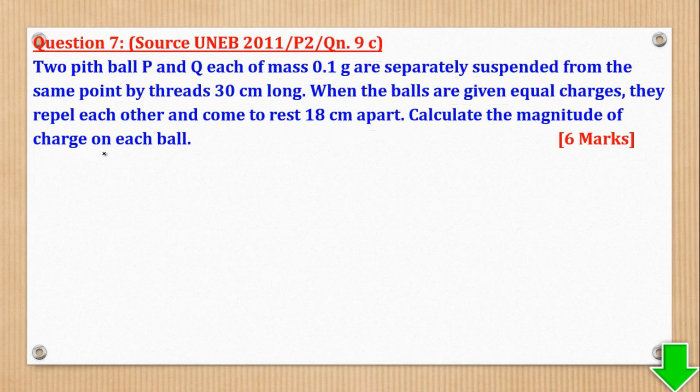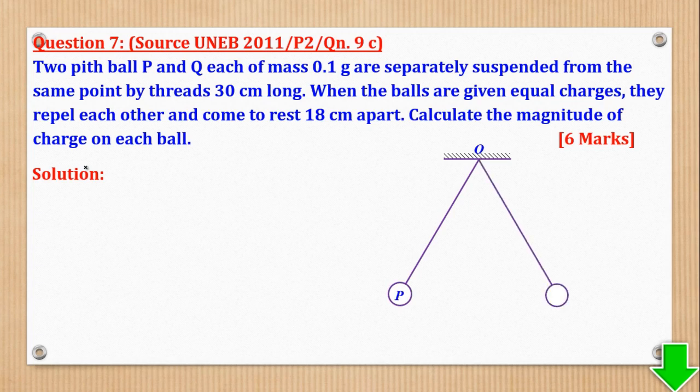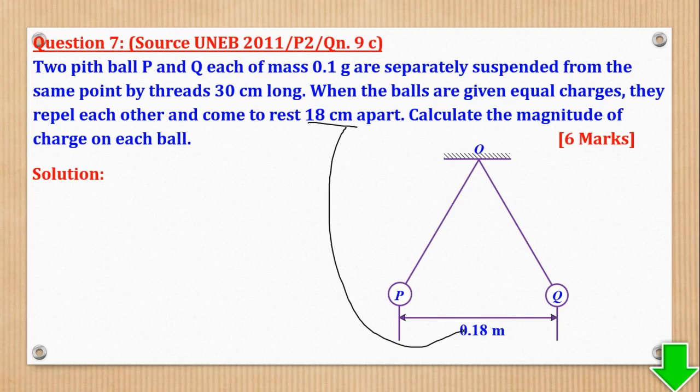So the balls have equal charges and similar charges. So you have to illustrate, like I told you, you have to illustrate here. So we shall draw the two pith balls P and Q. And they told us they are separated by 18 centimeters, which is this 0.18 meters.